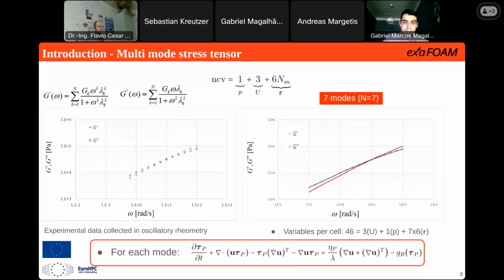The ideal scenario is to use 7 modes to fit the data of the experiment. But using 7 modes, we have 46 variables per cell. In real fluids, generally, we have 5 or more modes. It means that we need to solve a minimum of 34 variables per cell.